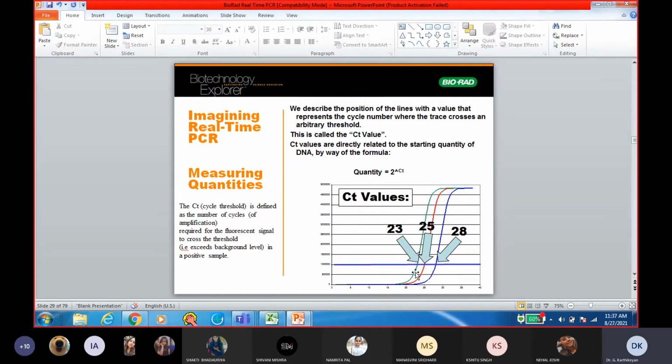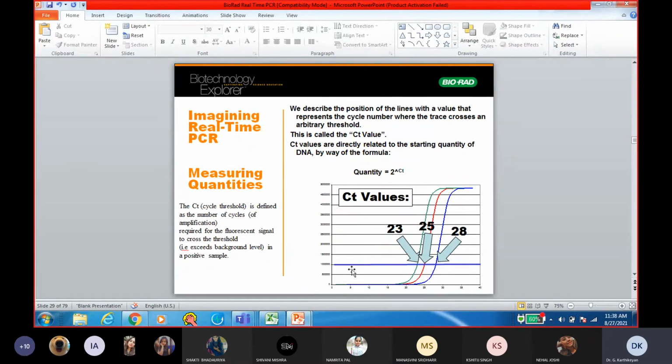So this is going to be maybe 4 times higher, and this is going to be 4 to 8 times lower. Okay. As I said, these are all calculations to make you understand that it is possible to quantify the copy numbers, or the viral loads, or to quantify the actual amplicons.